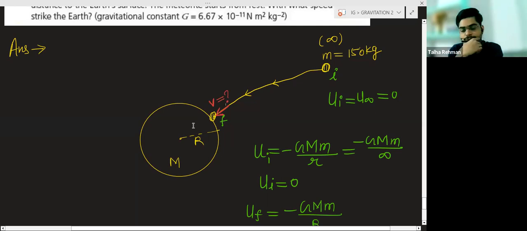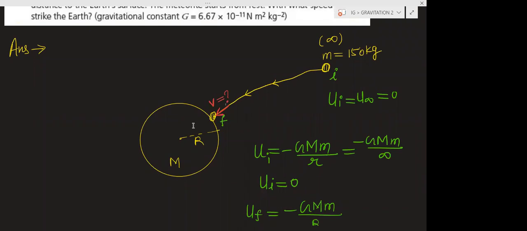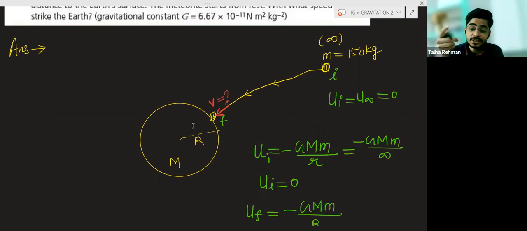So now what we will do? No, this is not the potential. This is velocity. V means velocity here, velocity of striking with the earth.